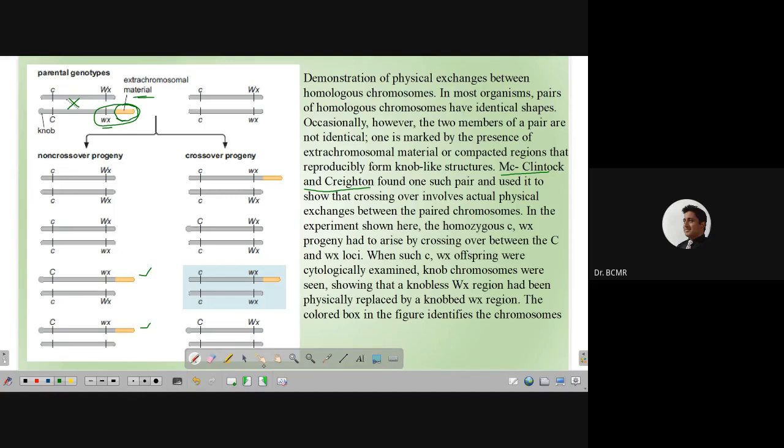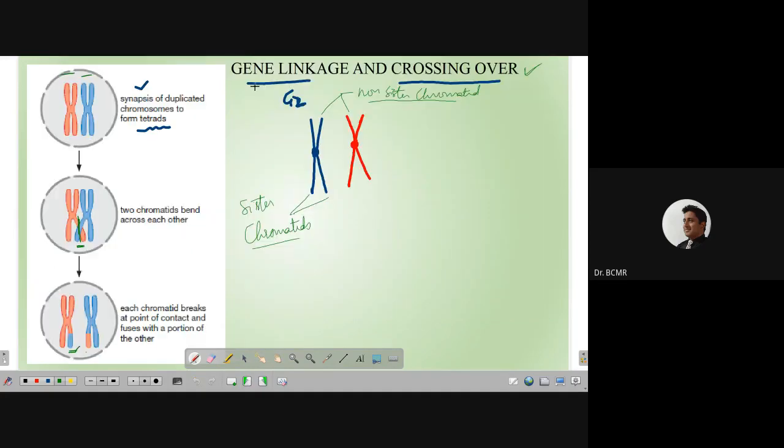I think I should also tell you what is meant by linking, gene linkage. So I will try to draw a chromosome here.